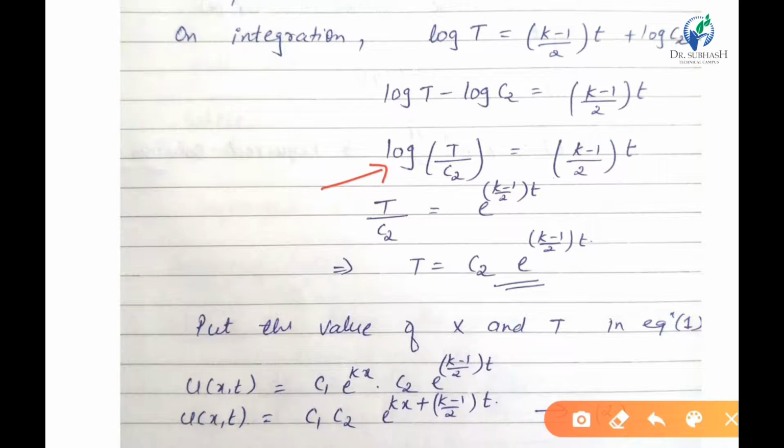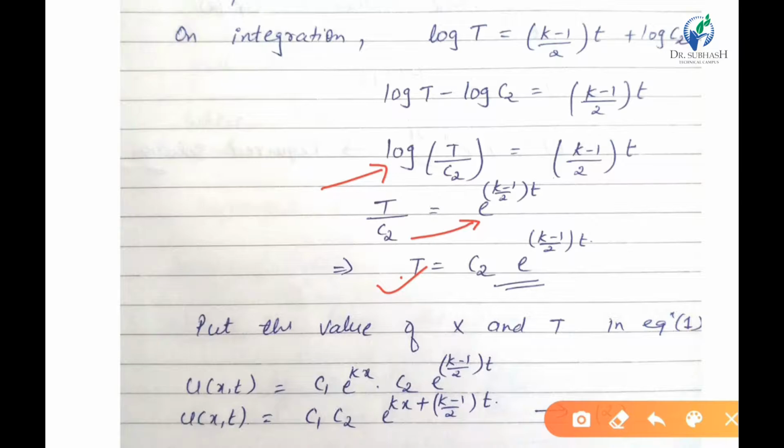Now we want the value of t, so we take the exponential power. We get t upon c2 is equal to e raised to k minus 1 upon 2 into t. Taking c2 to the other side, we get the value of t as c2 into e raised to k minus 1 upon 2 into t.